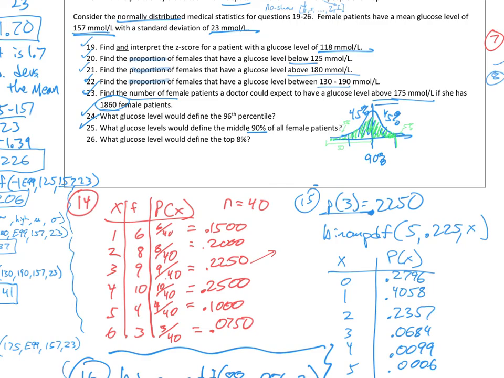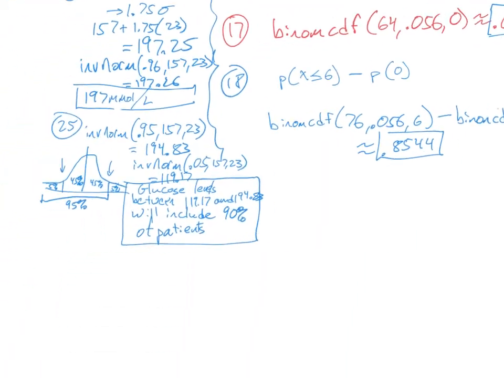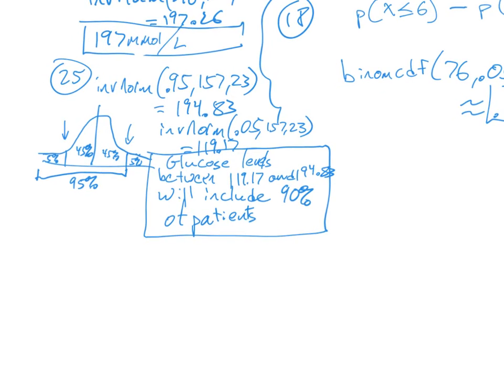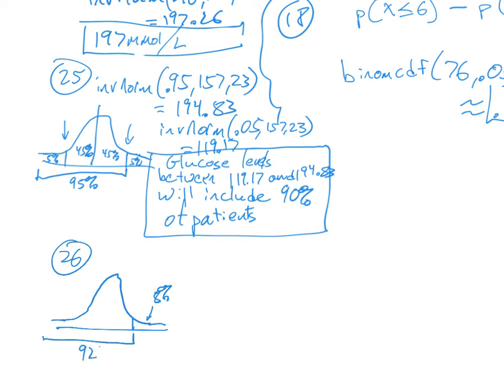All right, and last but not least, what glucose level would define the top 8%? Okay, so top 8%. A picture can be helpful. If we have 8% up here, what percent do we have down here? Well, that's 92%.